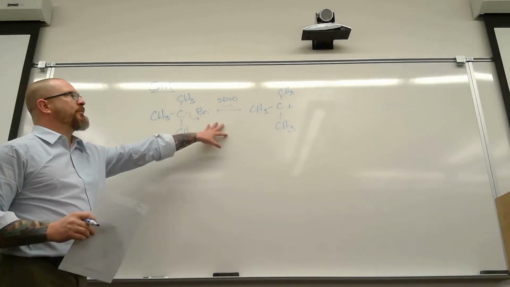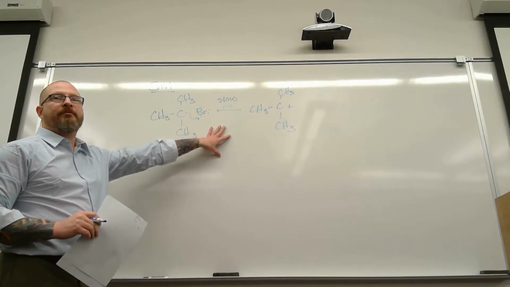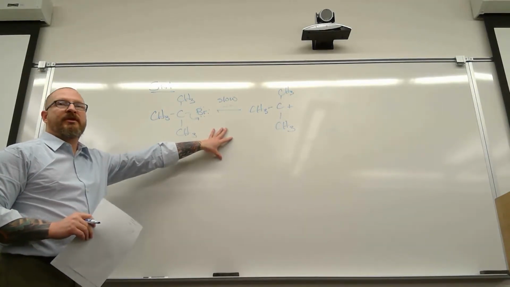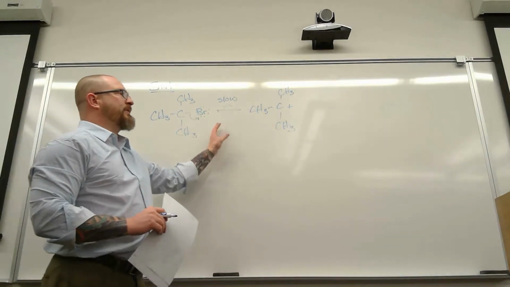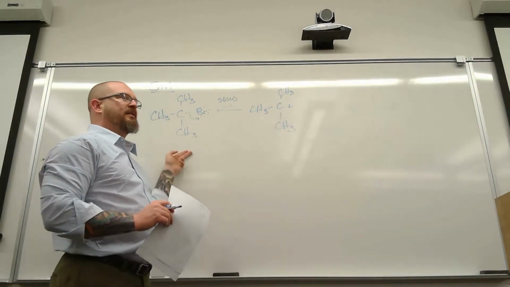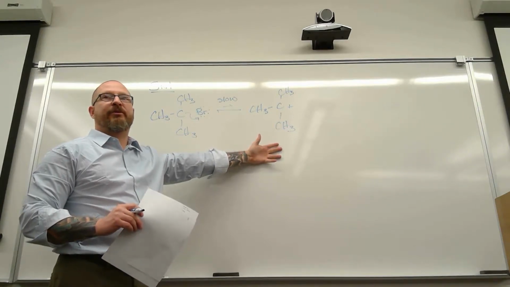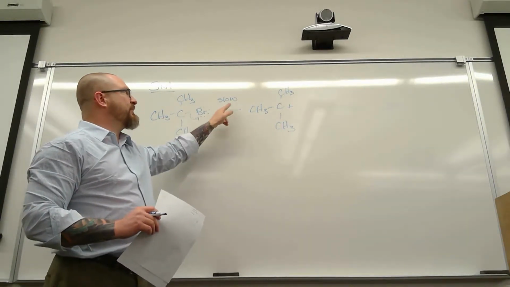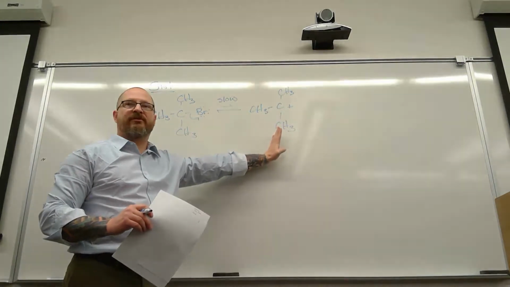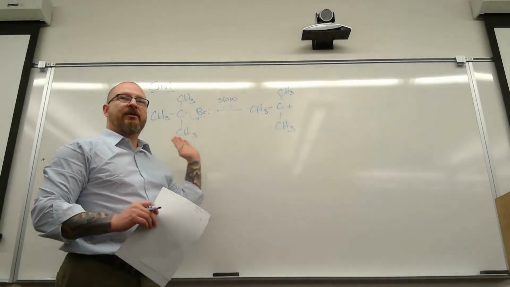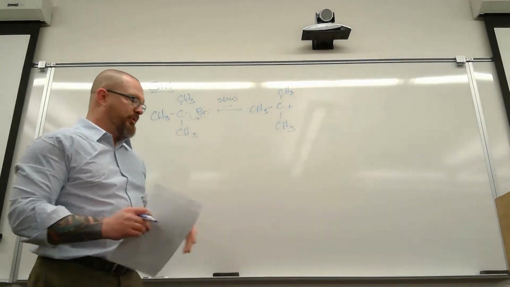Now, even though we have a really slow first step that's not favorable, the next step is highly favorable. And what that's going to do is consume this product and drag the equilibrium this direction towards products via Le Chatelier's principle. So even though this first step isn't favorable, because we're consuming this one so effectively in the next step, it goes really smoothly towards completion.